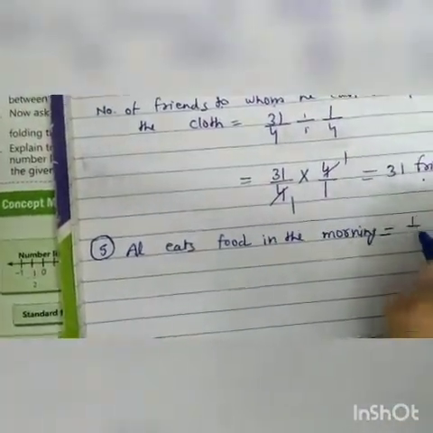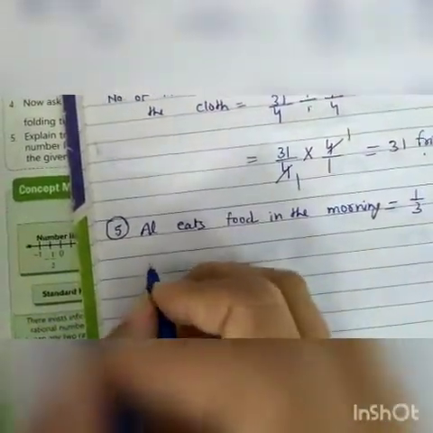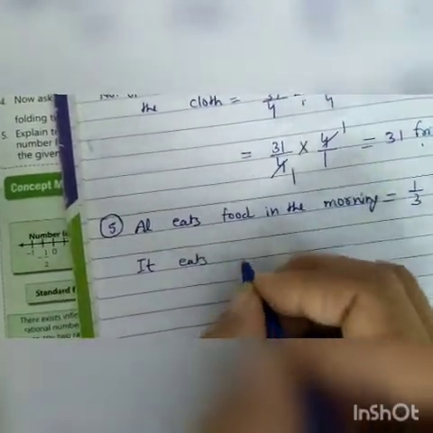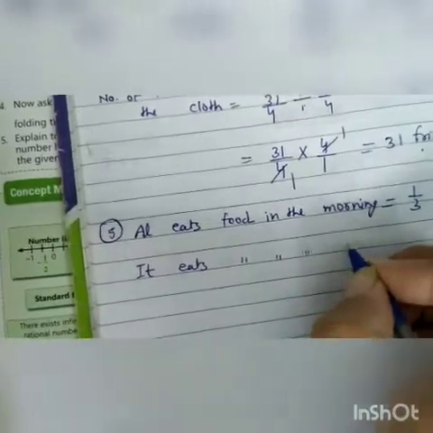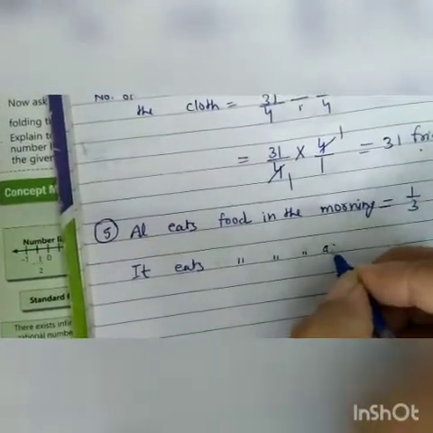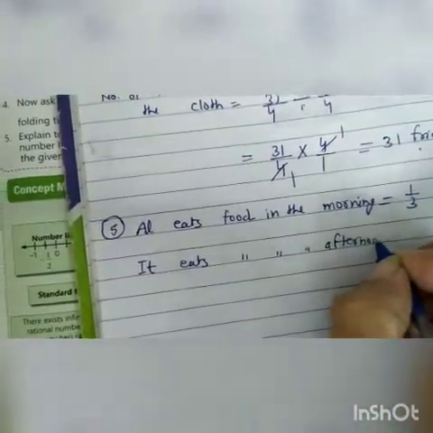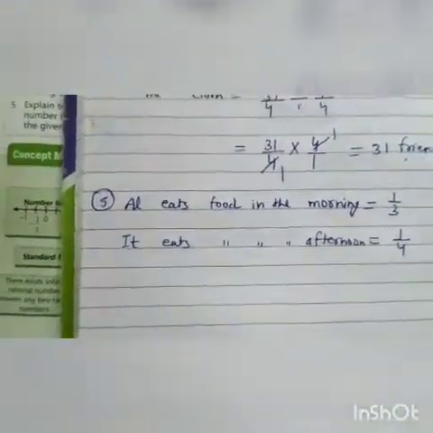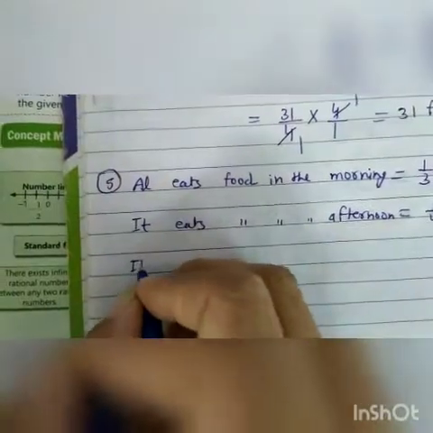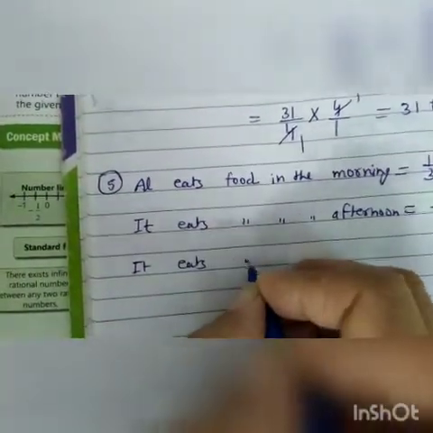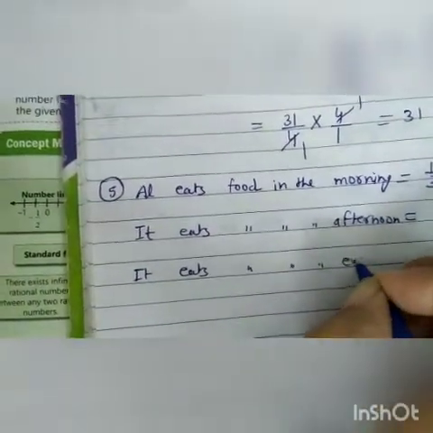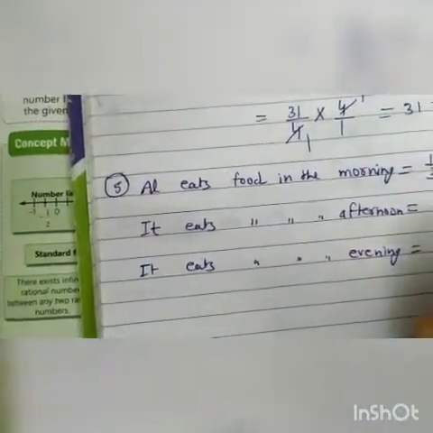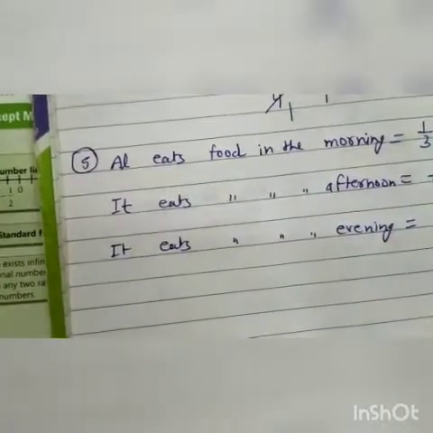He eats 1 upon 3 part. Then again it eats food in the afternoon. Afternoon time he eats 1/4 part, and it eats food in the evening. In the evening he eats 2/5 part.